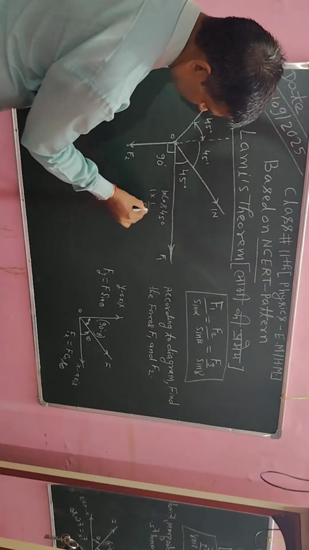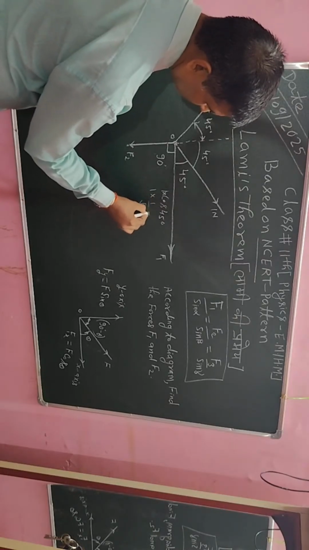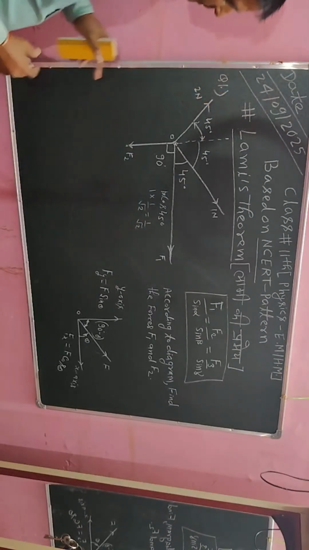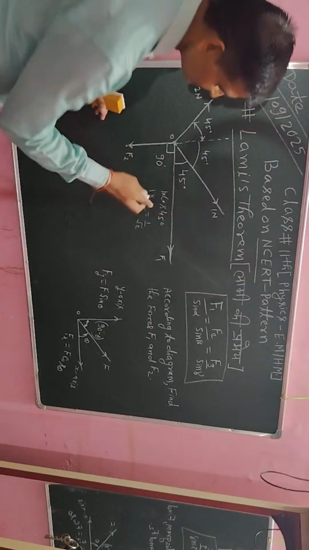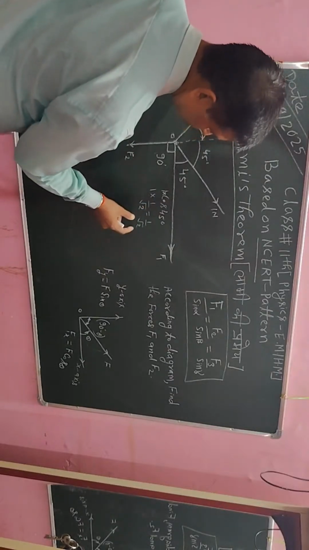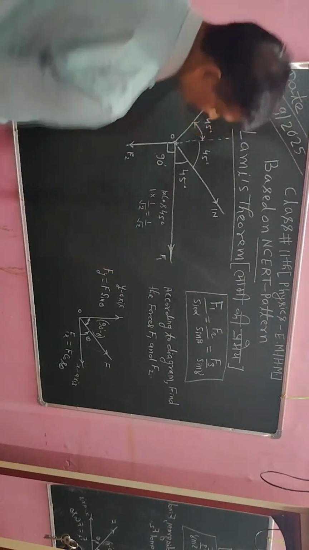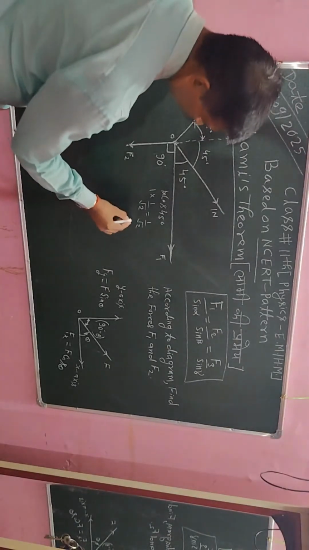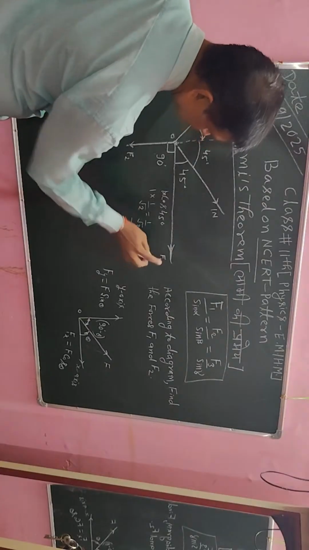The value of cos 45 degrees is 1 by √2. It means that here I have got 1 by √2. Okay. So along this I have got two forces. One force is this one, and another force is this one. Okay. So along this I have to write this force and also this force.